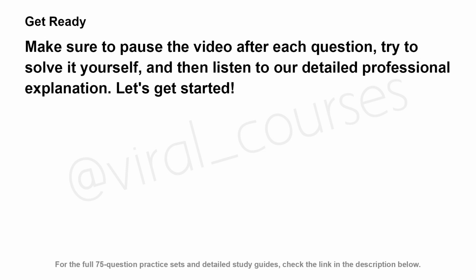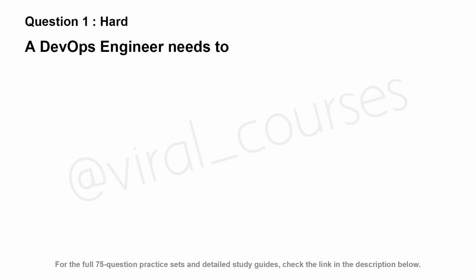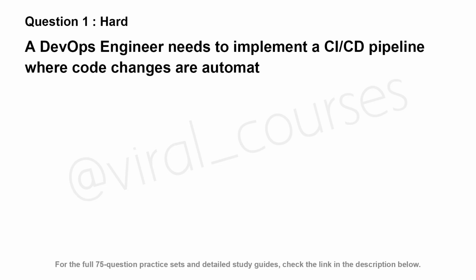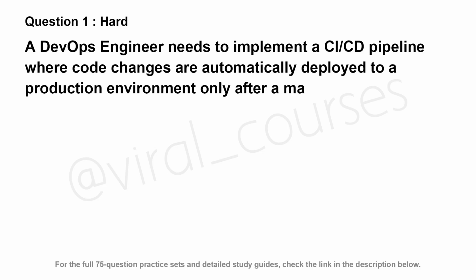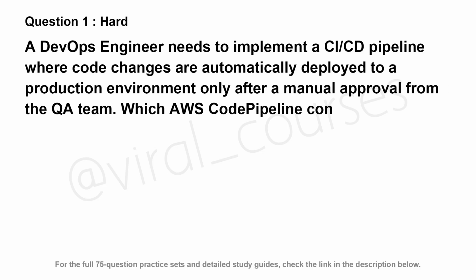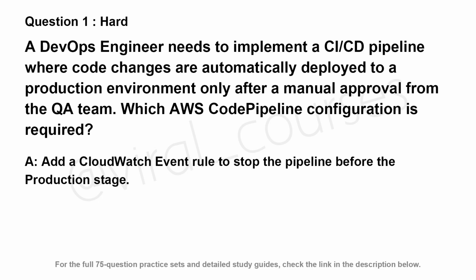Let's get started. A DevOps engineer needs to implement a CI/CD pipeline where code changes are automatically deployed to a production environment only after a manual approval from the QA team. Which AWS CodePipeline configuration is required? Option A. Add a CloudWatch event rule to stop the pipeline before the production stage.